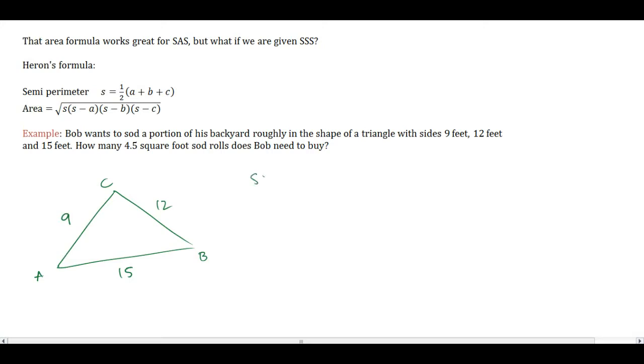So what you do for this one is you cut in half after you add up all the sides. So 9 plus 12 plus 15 is 36, and half of 36 is 18. So we know that our S is 18. Now we go to the formula, and it is 18 times (18 minus 9) times (18 minus 12) times (18 minus 15).